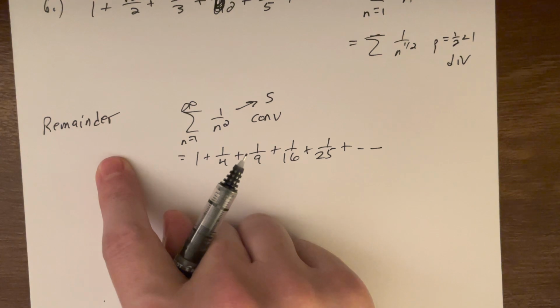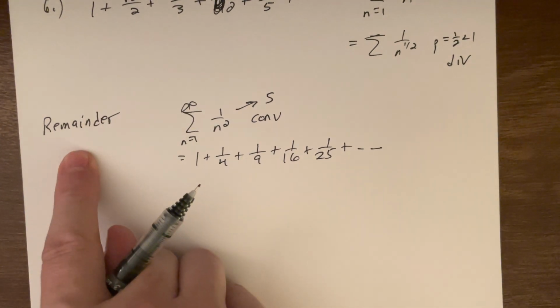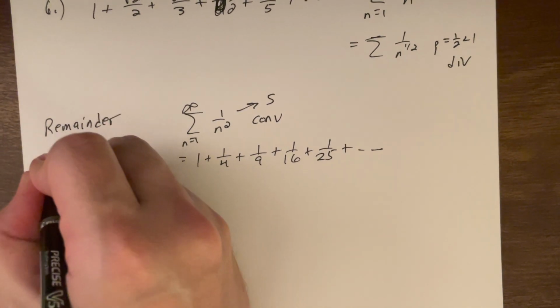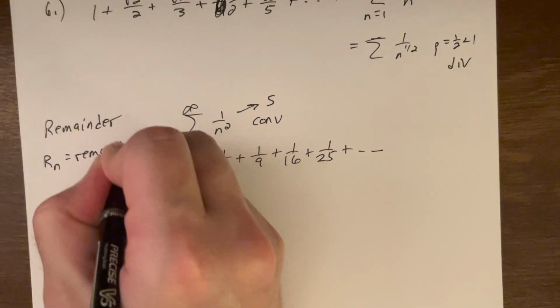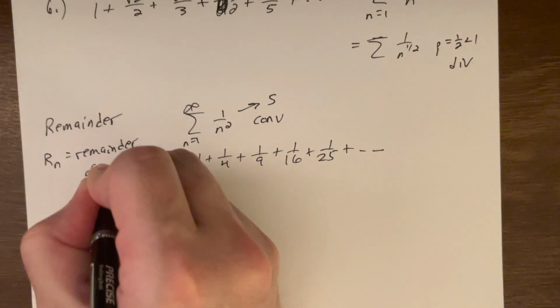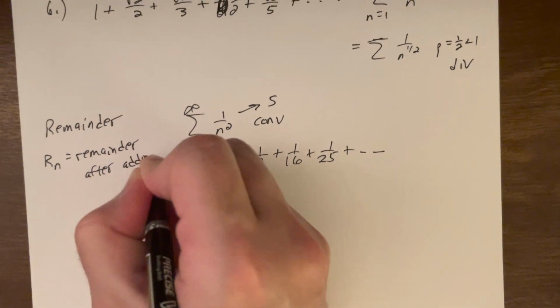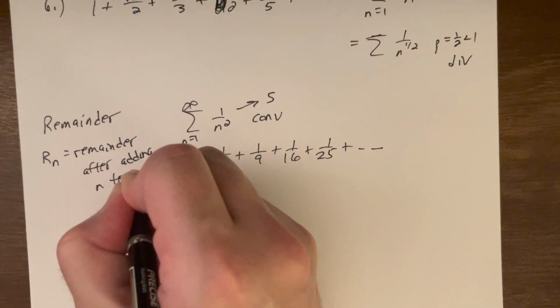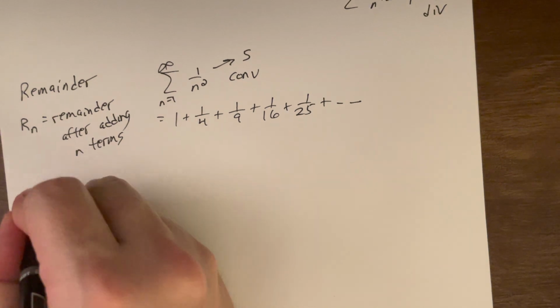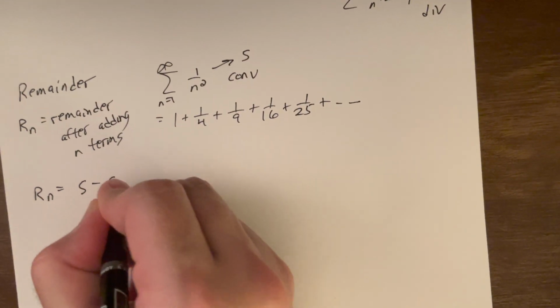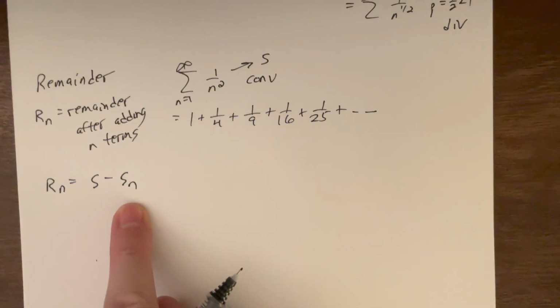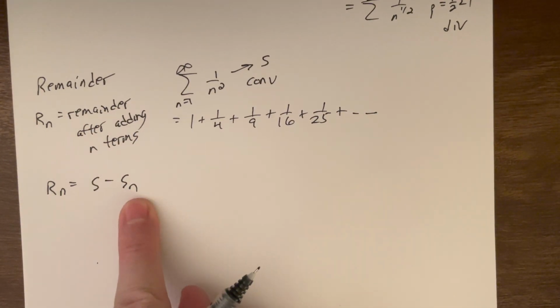That's where the remainder comes in. The remainder, by definition, r sub n, is the remainder after adding n terms. And r sub n is always going to be the final sum minus the partial sum after adding n terms.